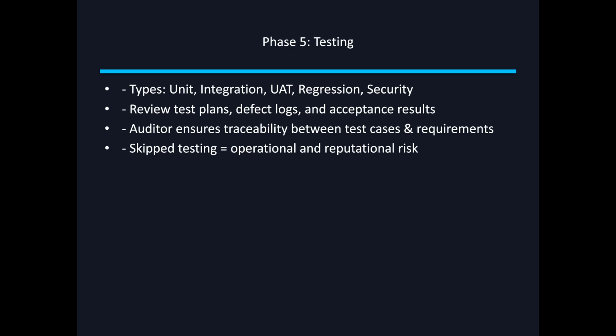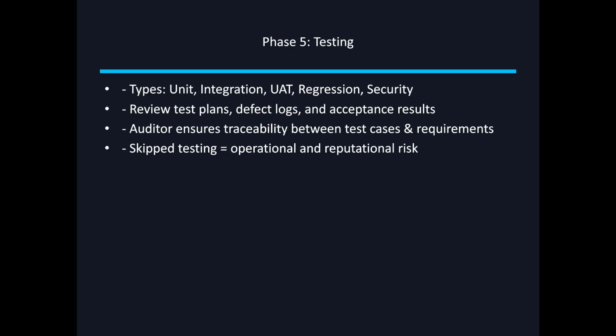In that case, it is going to affect the solution, and thus the business is affected. So as an auditor in regression testing, you need to make sure that the new code is not breaking the old functionality.